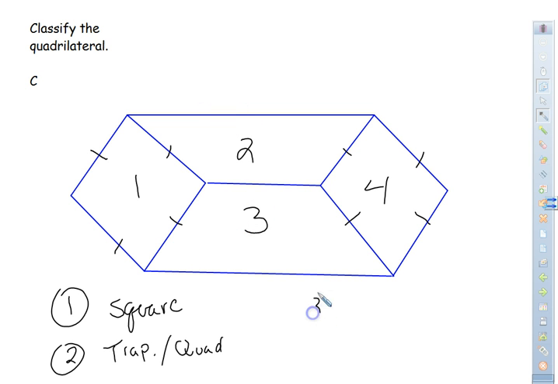Same thing for number 3. This would be considered a trapezoid. And number 4, I think most of you looking at this can see, you might have called it a square. A few of you might have called that also a rhombus.